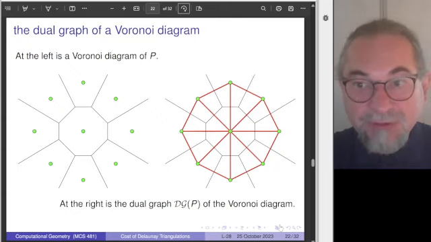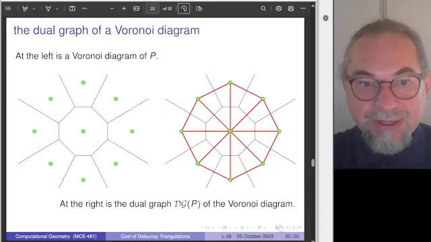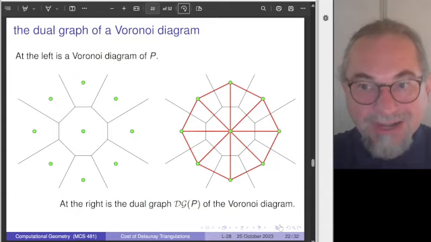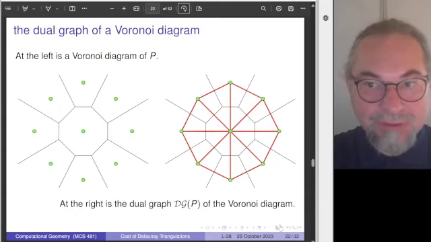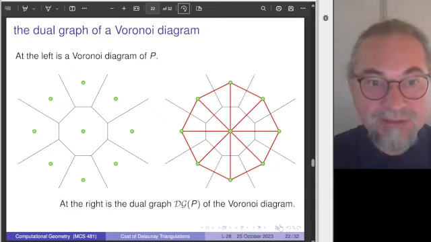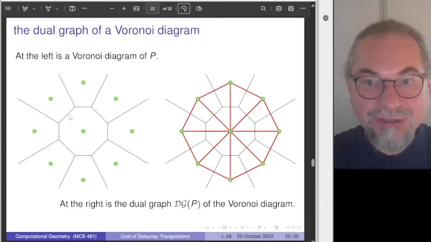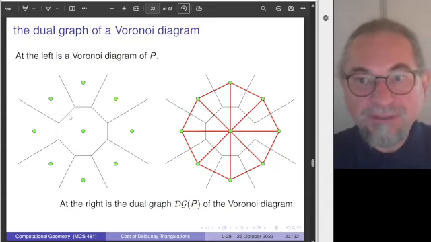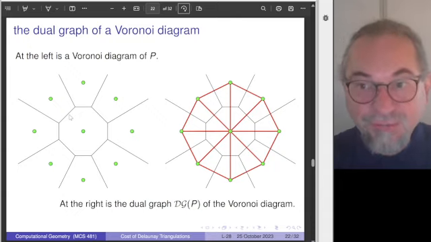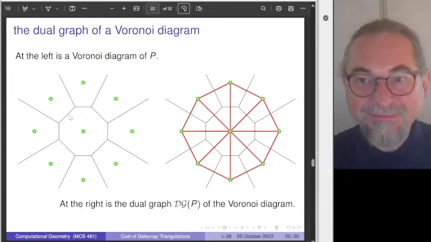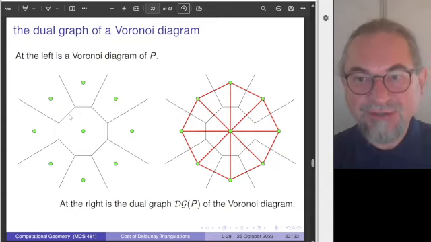This example, by the way, was used to illustrate that the complexity of one single Voronoi cell could be linear in the number of points. So we have 9 points and the middle cell has 8 edges. But then as an exercise, I was asking about the number of average edges in a Voronoi cell.